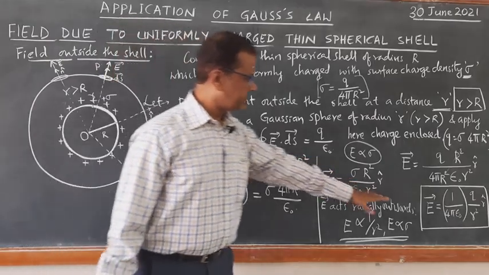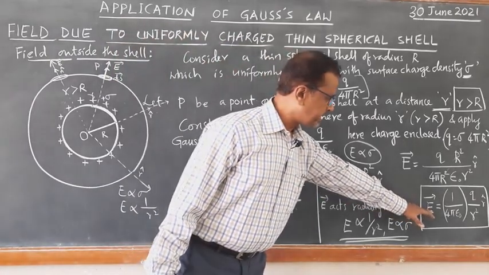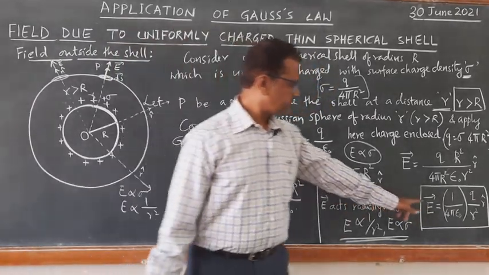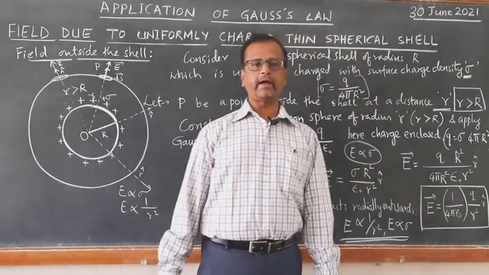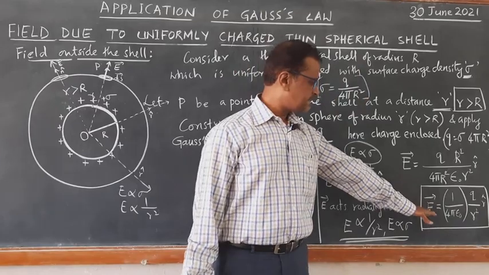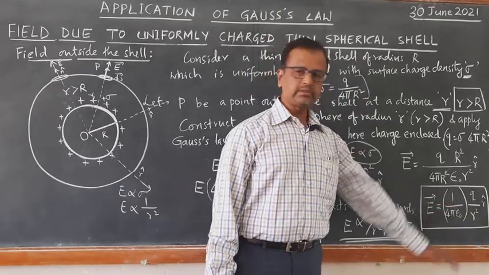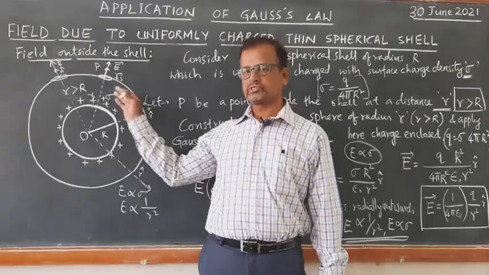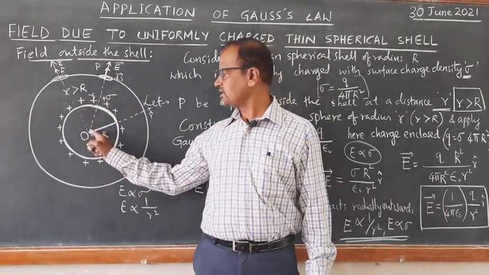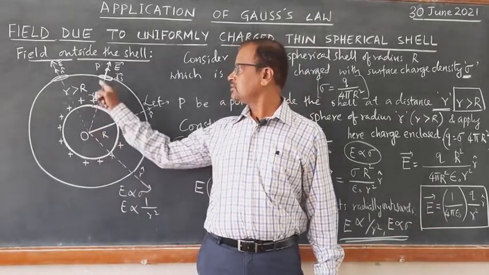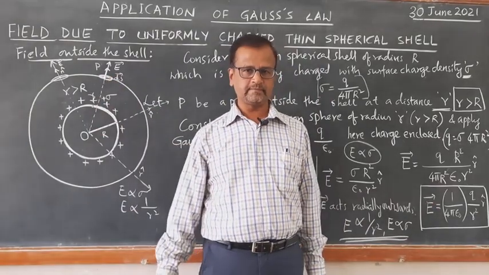To conclude, this final equation, 1 upon 4 pi epsilon naught q upon r square into r cap, implies that the electric field is directly proportional to the charge enclosed. The distance is measured from the center of the spherical shell to the point P under consideration.